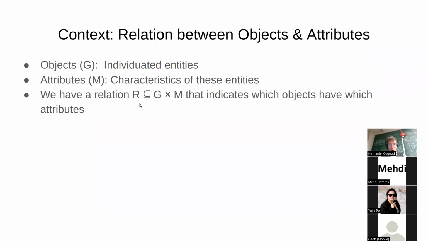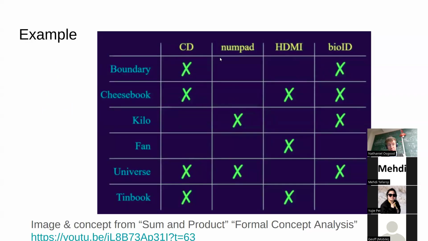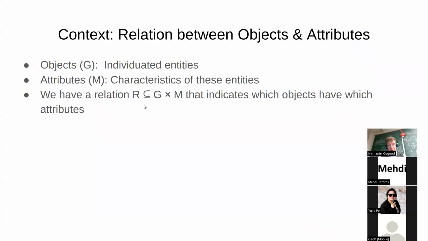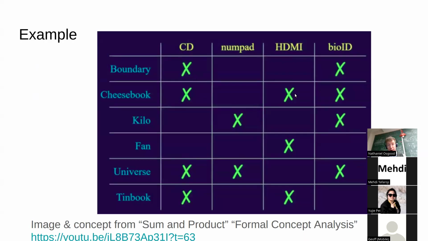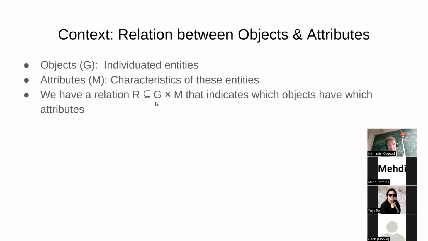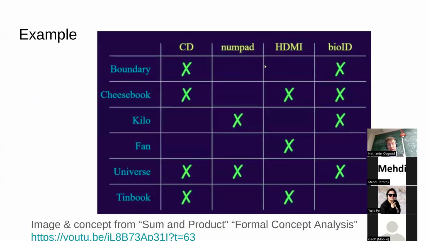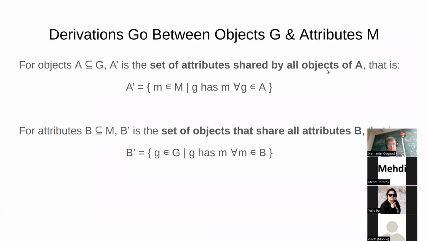So this whole table is G cross M, and R is the subset of G cross M. G cross M is a pair of an object and an attribute, and the subset R will be the subset that have these X's. Those will be precisely the pairs of object and attribute for which we have an X. So we're only considering binary attributes here. We'll talk about capturing ordinal data a bit later.